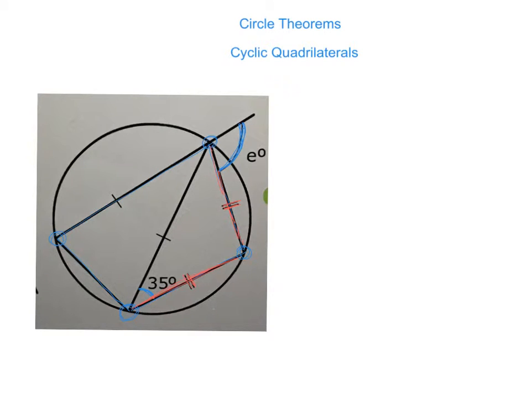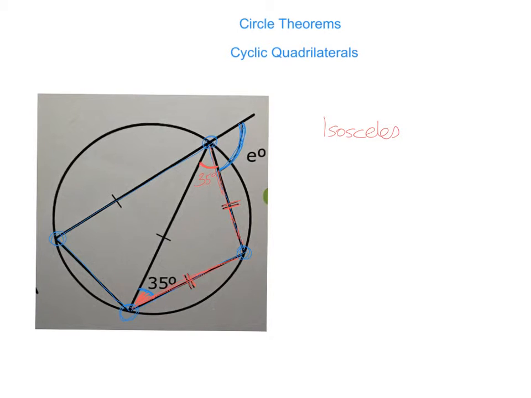If they're the same size, then this triangle is an isosceles triangle. Because it's an isosceles triangle, this angle here and this angle over here are exactly the same. So we know that this angle over here is 35 degrees.